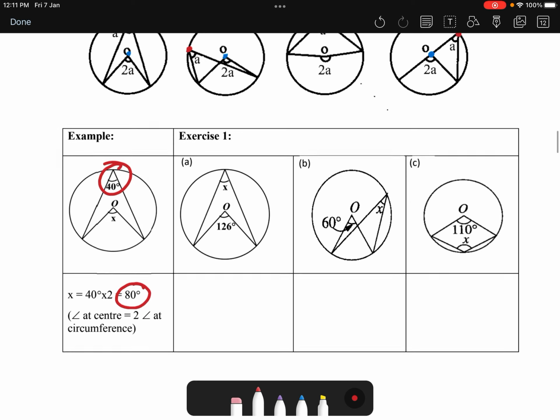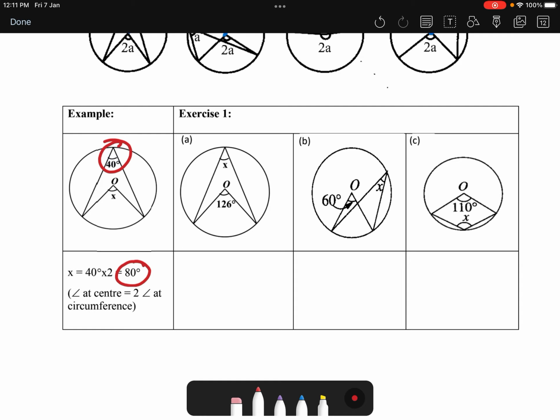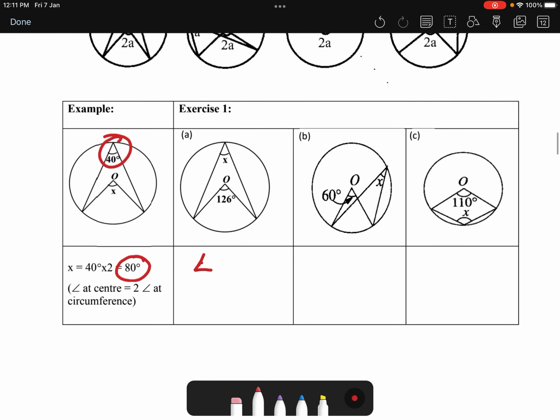Let's try exercise 1. Let me just go through exercise 1A. For 1A, we are given the angle at the center is 126. What about the angle x? The angle x is the angle at the circumference, so angle x will be 126 degrees divided by 2, which is 63 degrees.